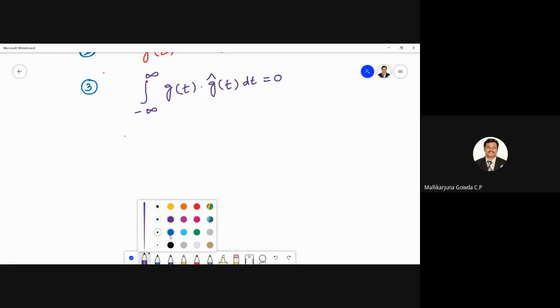Is anybody aware of Parseval's theorem of the Fourier transform? Is it possible to recall it from any one of you?